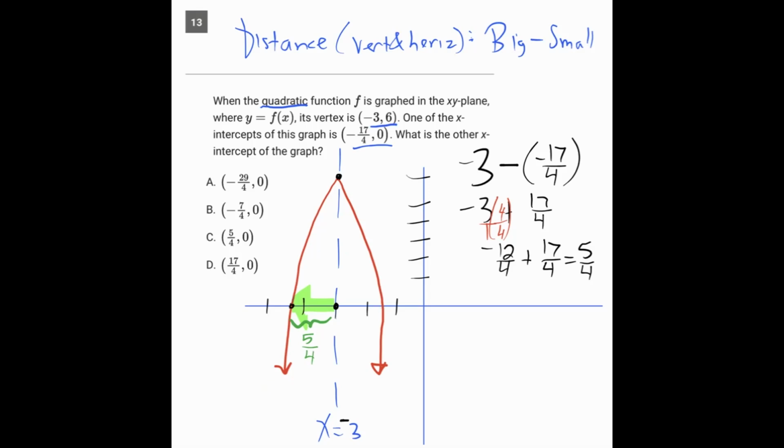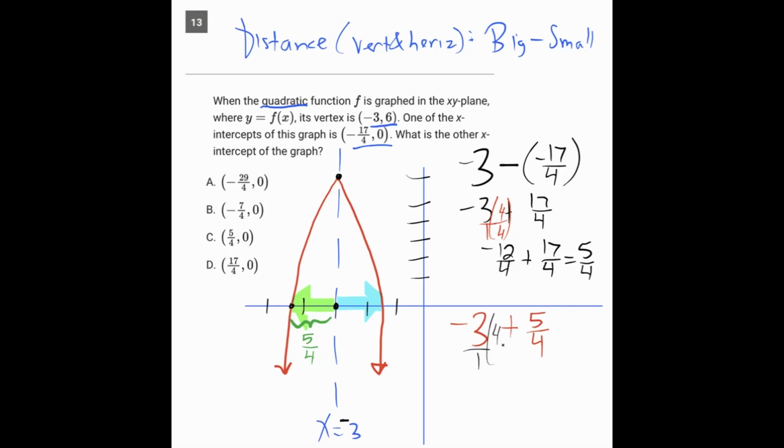So now what we want to do is go 5/4 in the opposite direction. So we'll take that -3 that we started at, and now we're going to add 5/4 to that. Well, any number is really itself over 1.